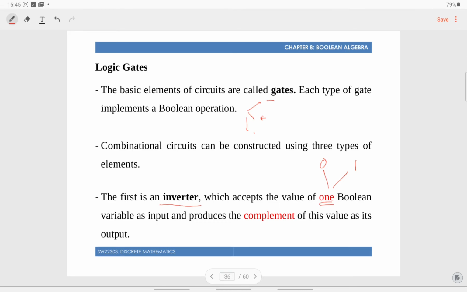Single input, single output, producing the complement of the input. If the input is 1, the output is 0. If the input is 0, the output is 1.